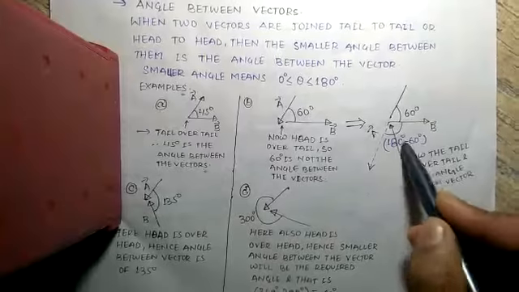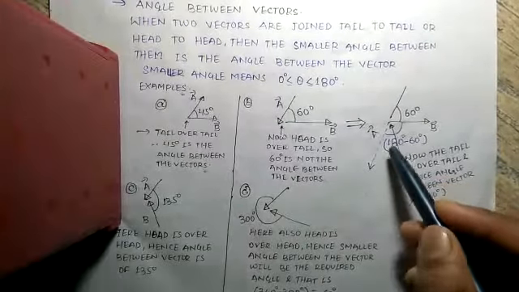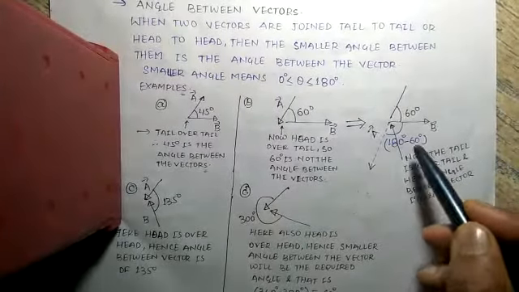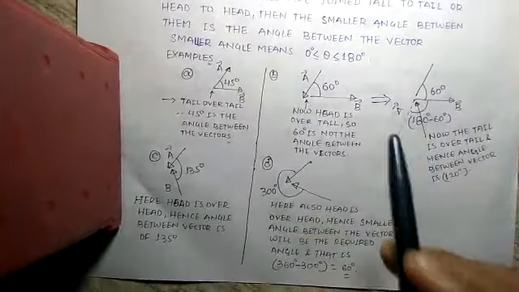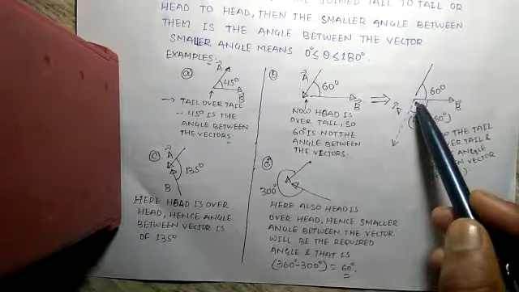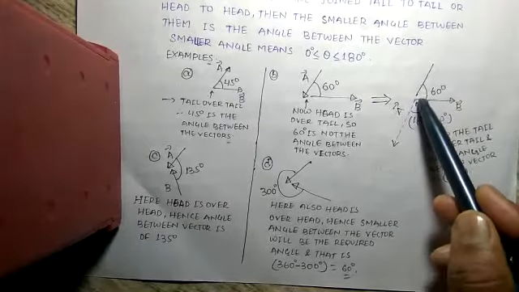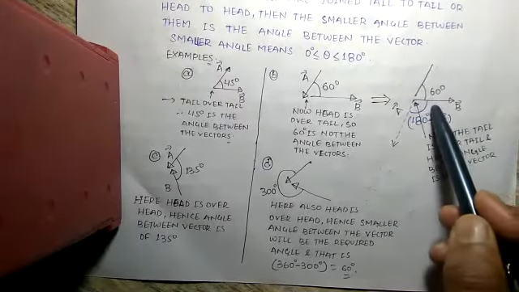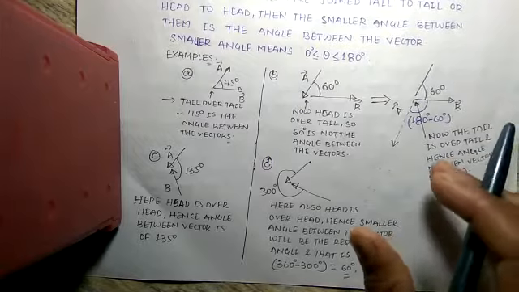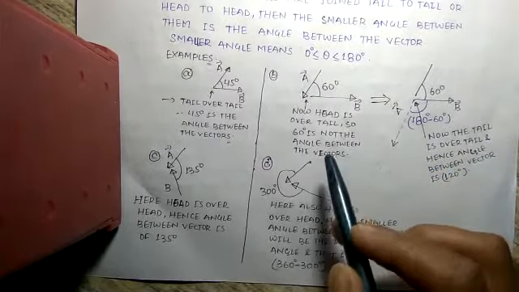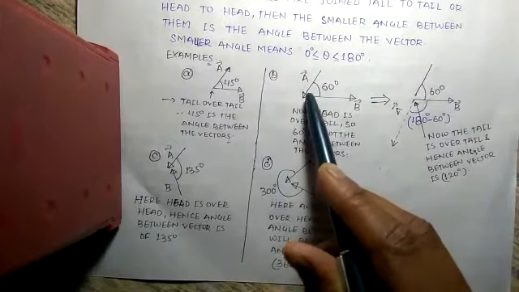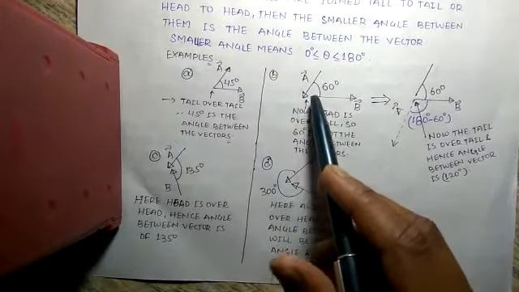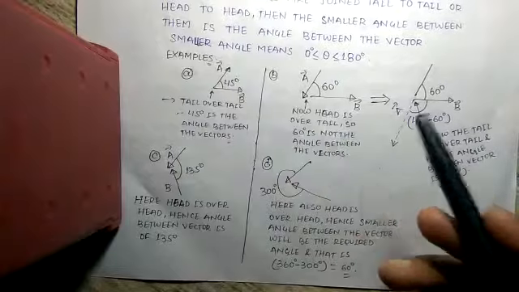In this case the angle is 180 degree minus 60, hence 120 degree. So gentlemen, it's very important to look for the condition: tail over tail or head over head while drawing the vectors. If it is not so, then try to make it like that.